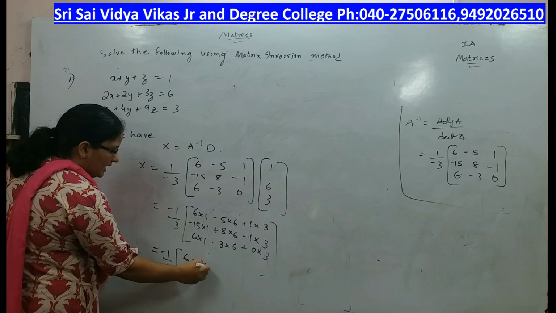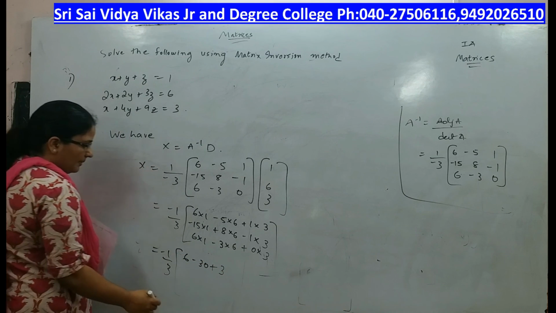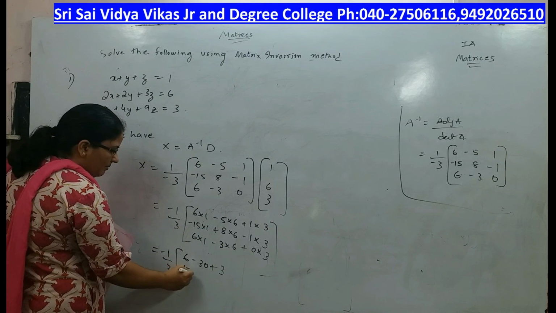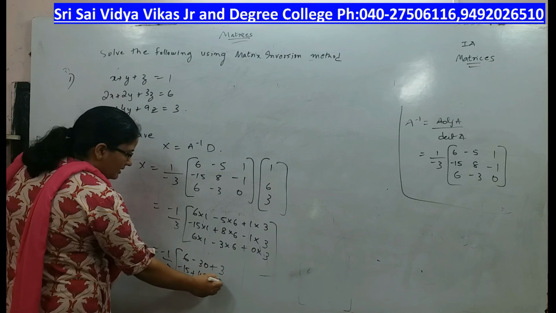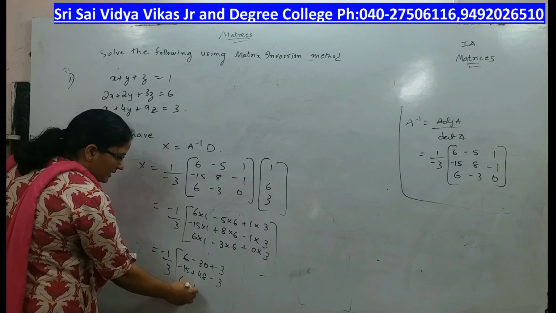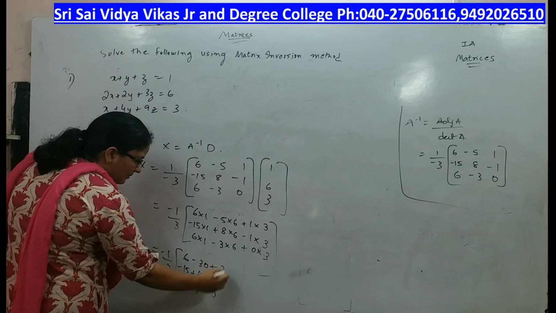So minus 1 by 3, 6 minus 30 plus 3. That is first one. Next, minus 15 plus 48 minus 3, 6 minus 18 plus 0.